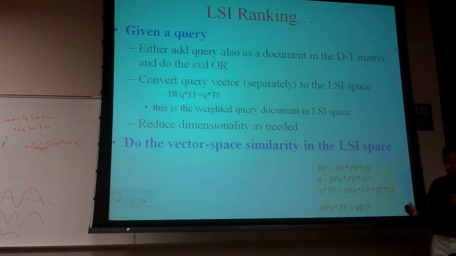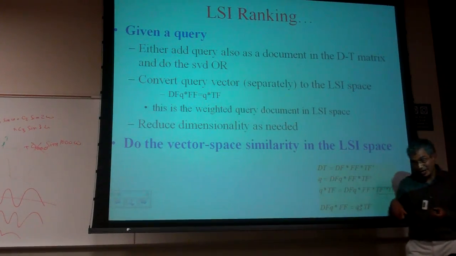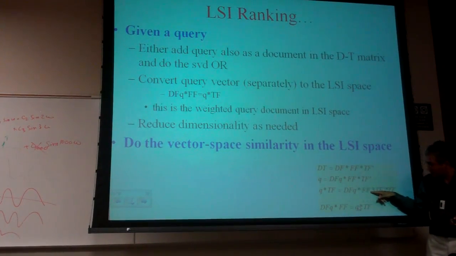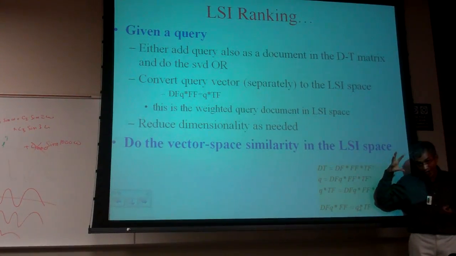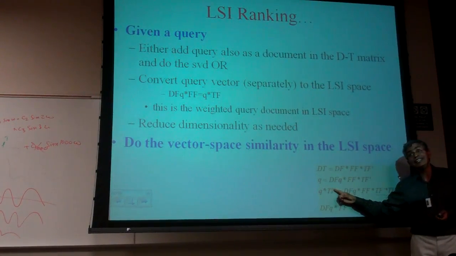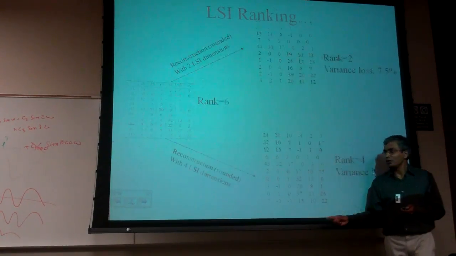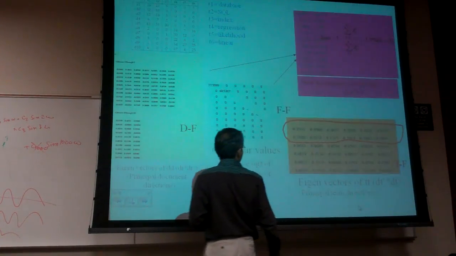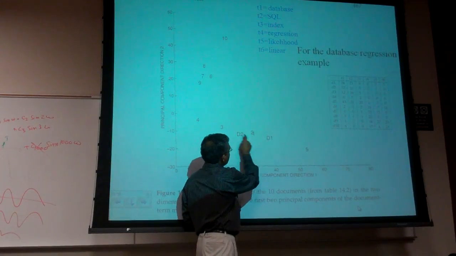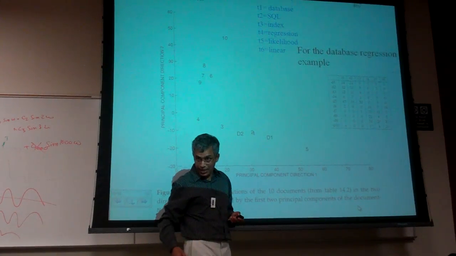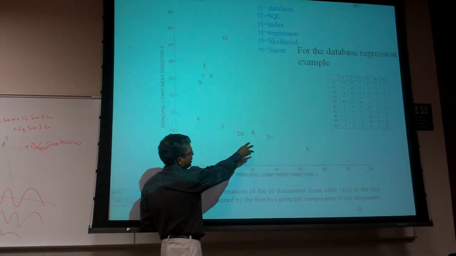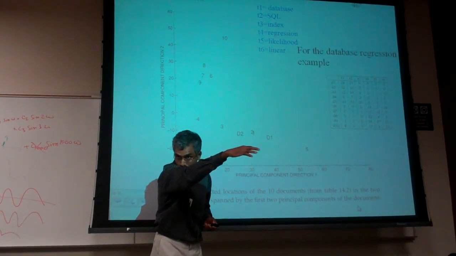So the easiest way, actually the way you're supposed to get the coordinates for the query is multiply the query by the TF matrix. Okay? So in my example, what I basically did to get D1 and D2's coordinates in this space is, let's say D1's is 50, 0, 0, 0, 0.